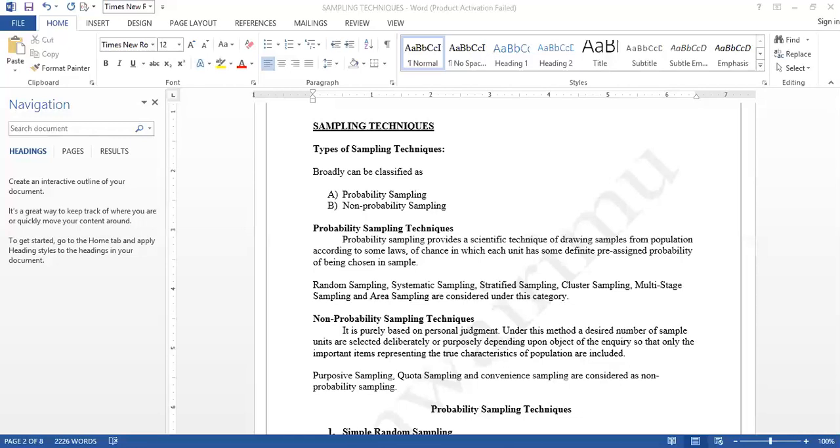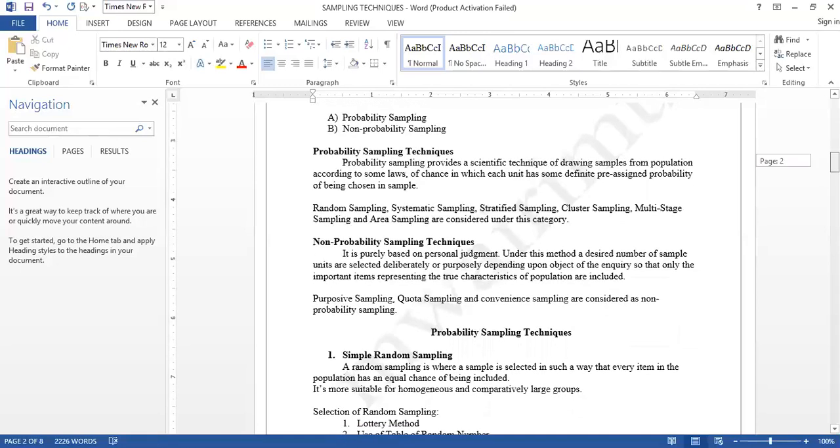Then we have the multi-stage sampling method, sometimes referred to as a multi-purpose method in the collection of data, where you deal with as many stages as possible until you reach the desired level, that this is the sample size, and so I can conduct my study based on this.